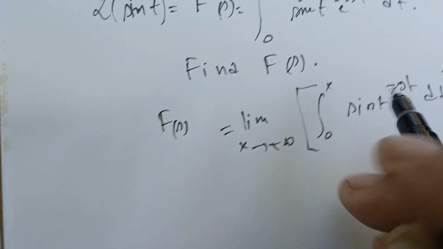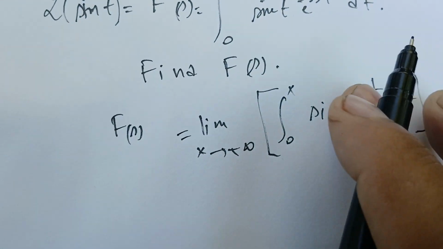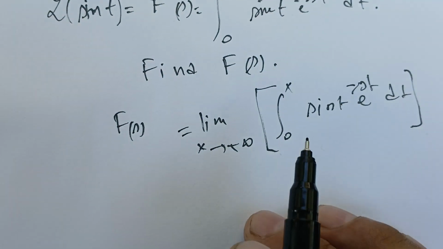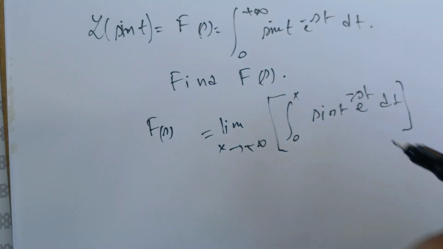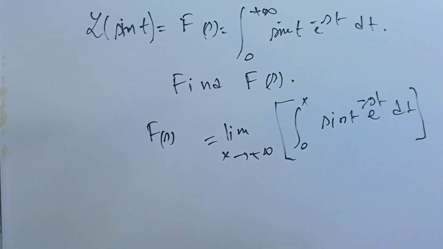We first focus on this integral. To find it we have to do integration by parts. We will do it twice, because the first time we get the cosine, and after that we get back to sine, and we're going to see what we can get from there.